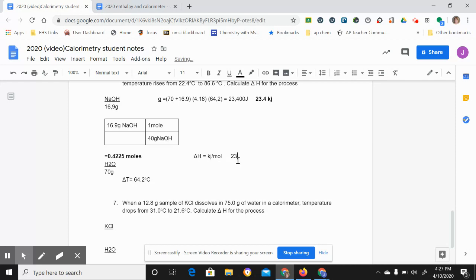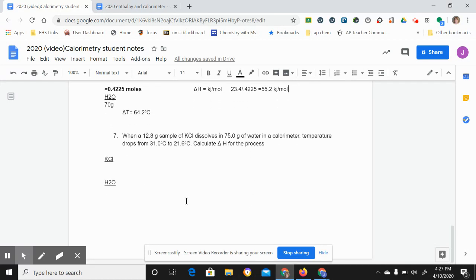So 23.4 divided by our moles, which was 0.4225. We now get our delta H value of 55.2. And our unit on that is now kilojoules per mole.